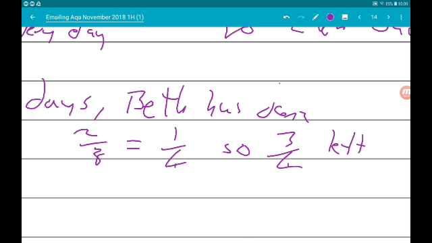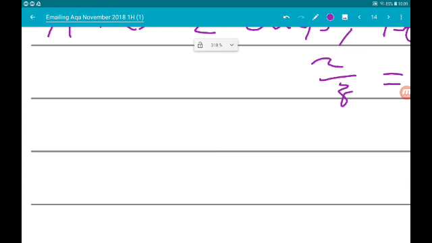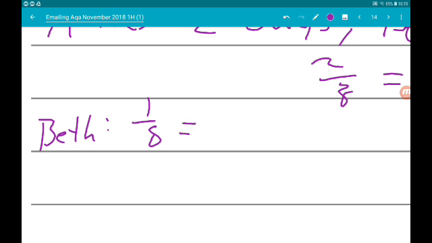Now, at this point, I think this now gets easier to think about percentages. So, for Beth, 1/8 as a percentage is, well, a half is 50%, a quarter is half of that, so 25%, 1/8 is half of that, so that's 12.5% each day.